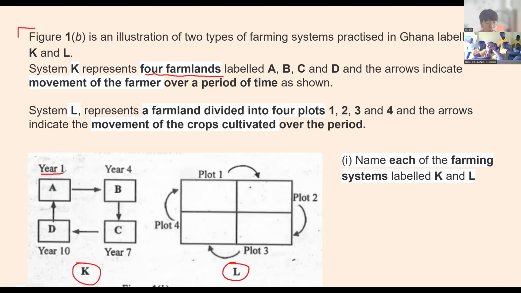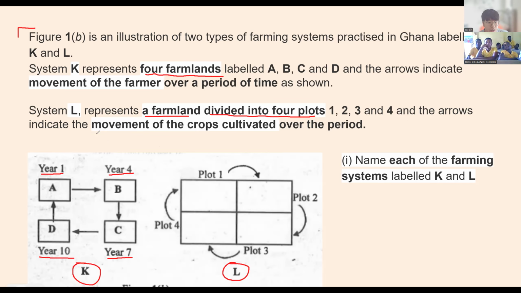So in year one, the farmer is at farm A. At year four, the farmer is at B. Year C, the farmer is at plantation C. And year 10, the farmer is on D again. And system L on the right represents a single farmland divided into four plots: 1, 2, 3, and 4.